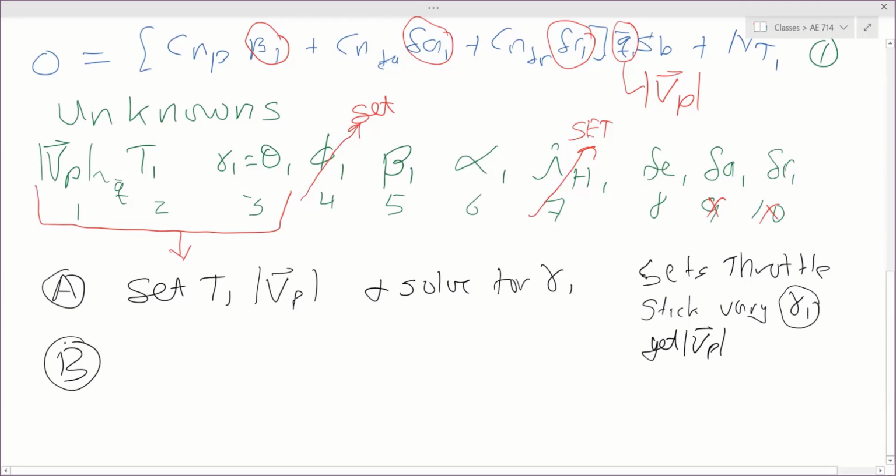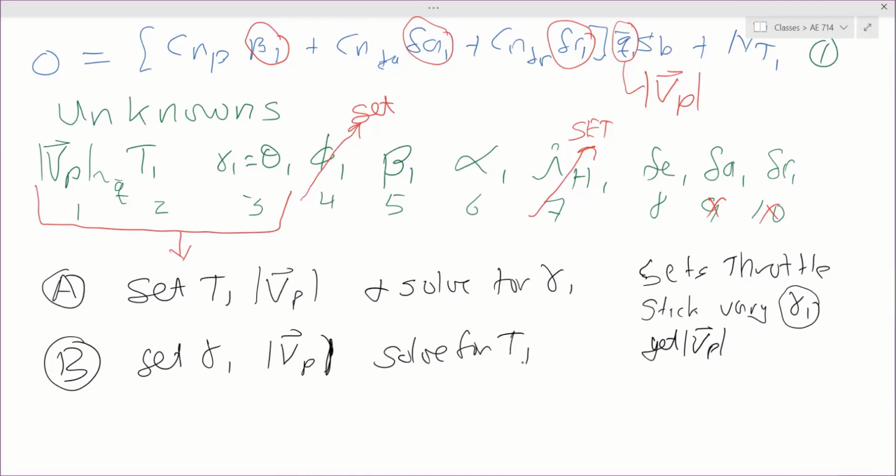So option B is to set the flight path angle and the velocity and solve for the thrust that you need. And that's more natural, isn't it? You say, okay, I want to descend in a 3-degree glide slope to land, and I want to maintain 120 knots. What throttle do I need to maintain that? And that's similar to what you do in your car, right?